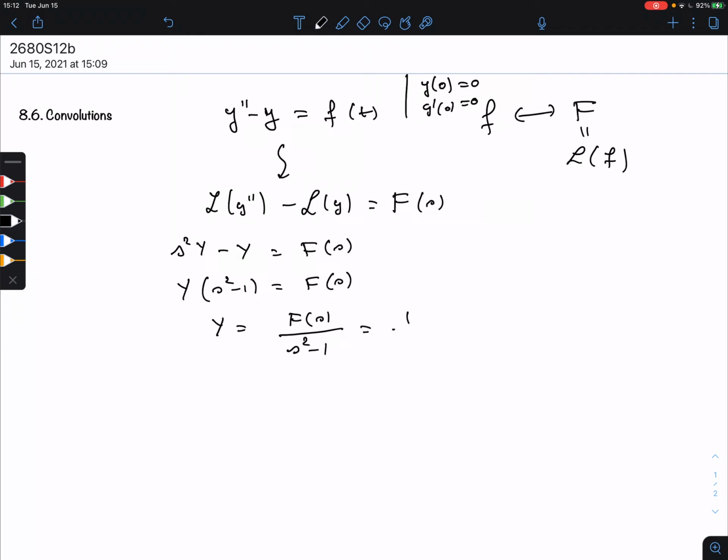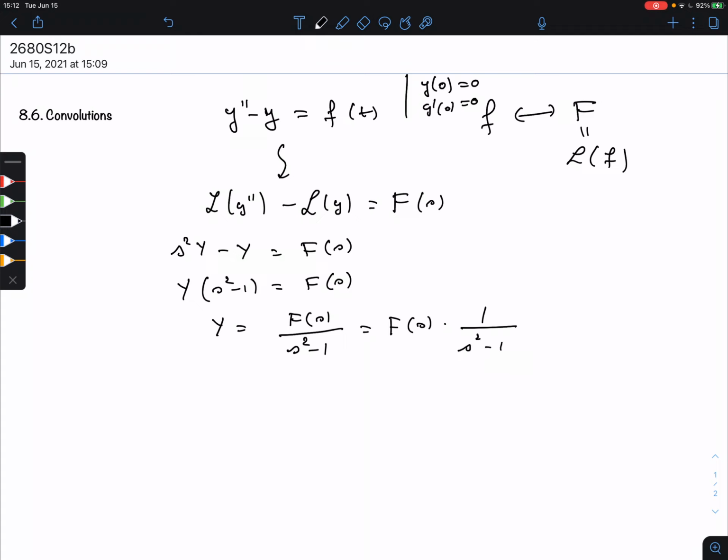Or, I'm going to write it a little bit differently: F(s) times 1 over s squared minus 1. Normally we put it on one common denominator.